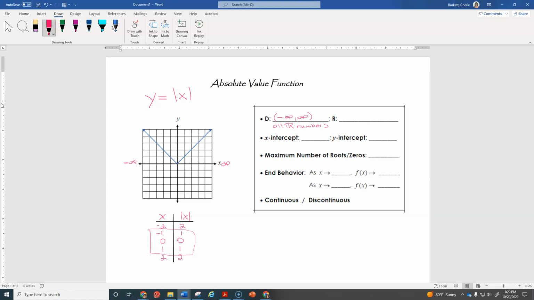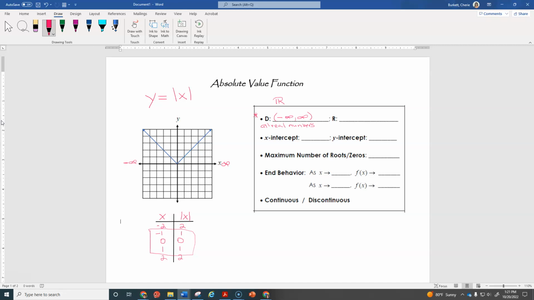You could spell out the words all real numbers, you could write that out as a phrase, or you could use that symbol right there, which stands for all real numbers. Any one of those would be a way to describe the domain. And remember, I'm going to put a little asterisk by this because this is true for all absolute value functions.